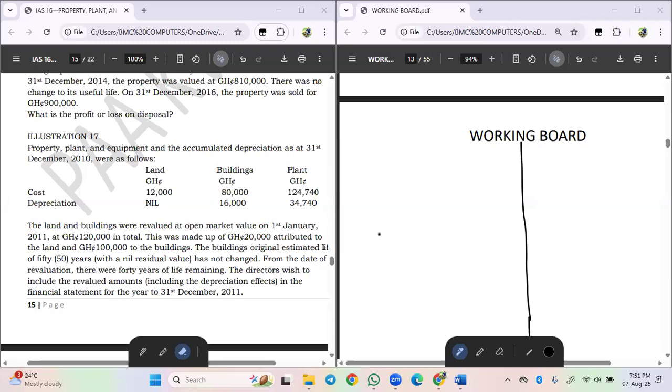Illustration 17. Property, plants, and equipment and their accumulated depreciation as at 31st December 2010 were as follows. So we have land, building, plants, we have cost and depreciation. The land and buildings were revalued at open market value on 1st January 2011 at 120,000 in total.